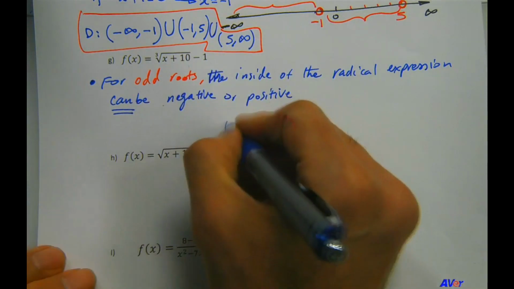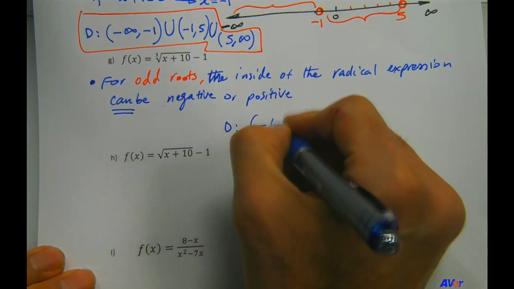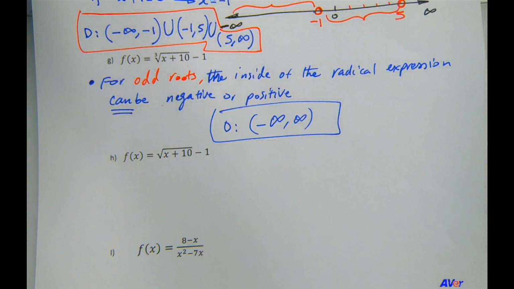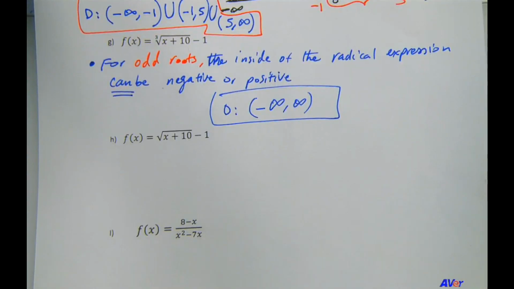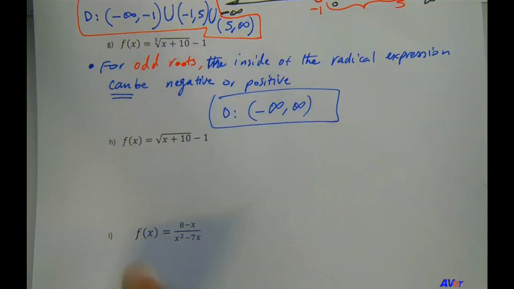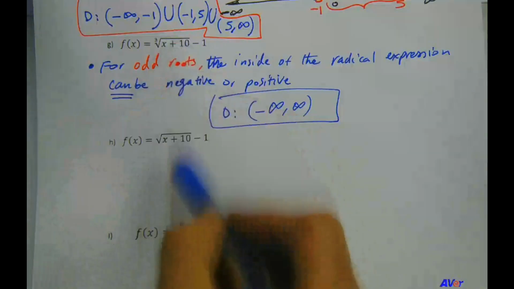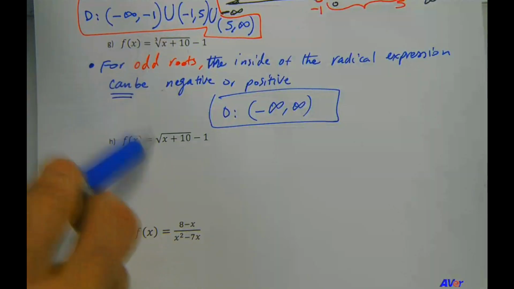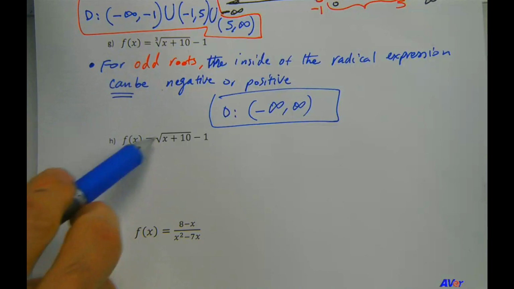So therefore, the domain has no restriction, and it is equal to negative infinity, comma, infinity. Okay? Now, compare this with that. H with G, right? They're identical in every way except the index of the root. Now we went from an odd root to a square root.